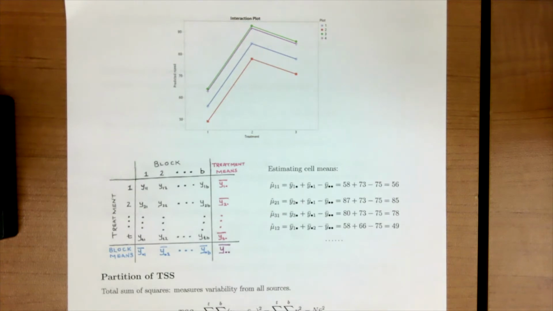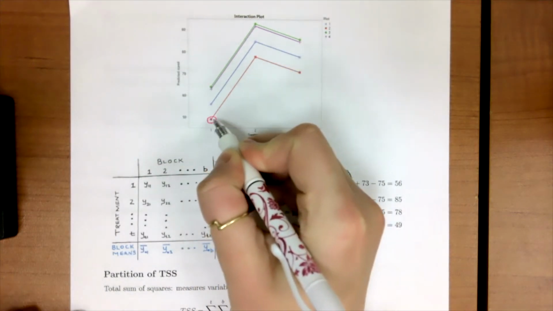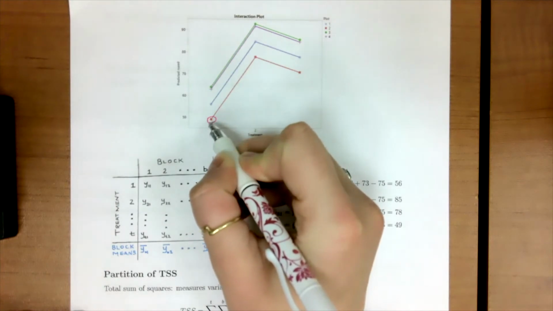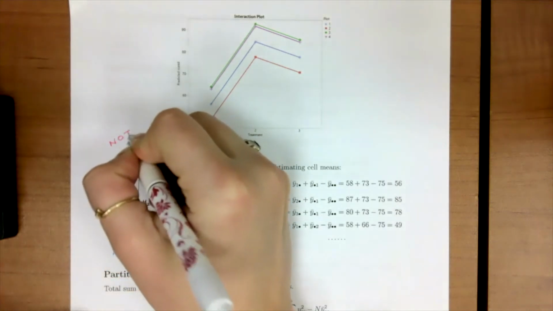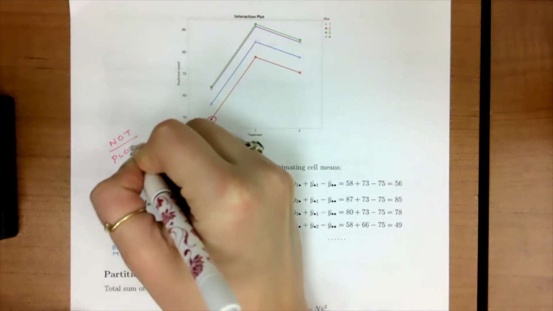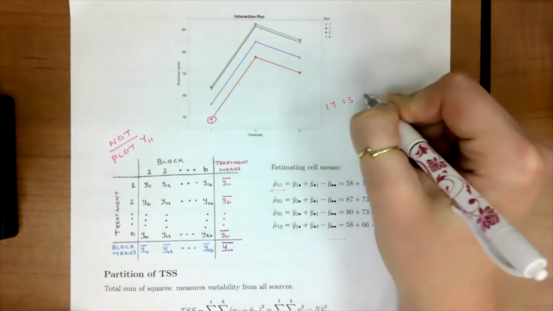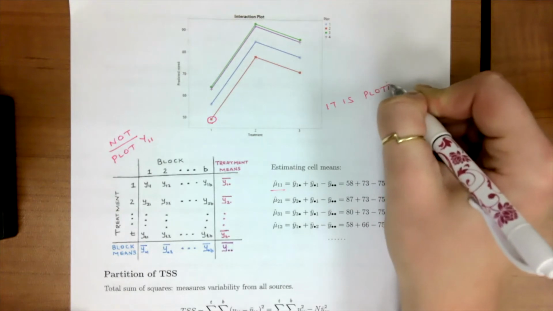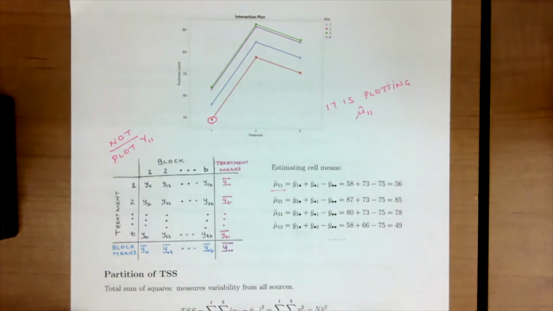All right. Another thing to be very specific about is what is being plotted here. The interaction plot is plotting our estimated cell means. It is not plotting y_i's. It is plotting maybe our mu hat 1, 1.